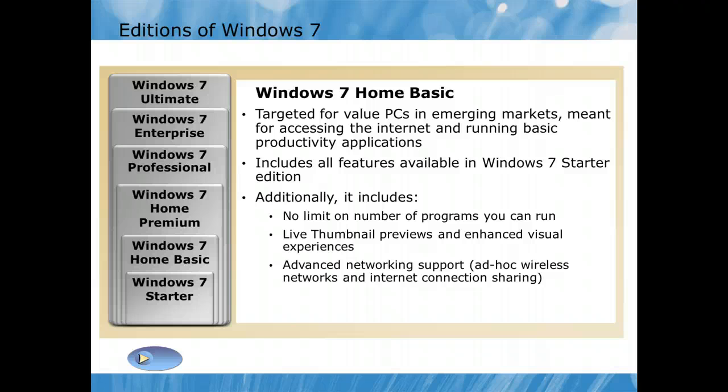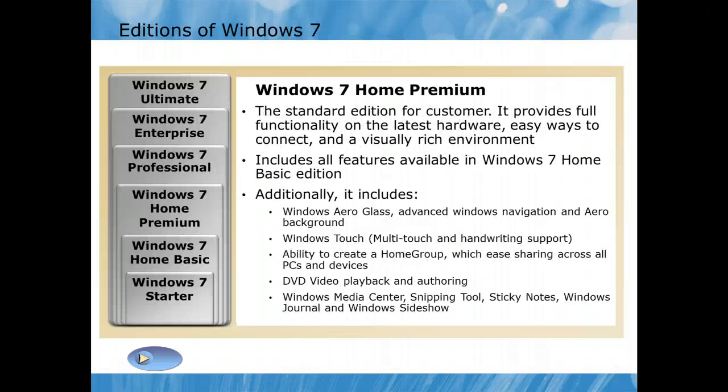Windows 7, no limit on the number of programs you can run, a live thumbnail, advanced networking support, and you can see that we're kind of, I think, stretching to have things that go in here. Windows Home Premium, standard edition for customers. Most of the stuff you're going to go to Best Buy or Walmart or whatever else is going to have Home Premium on it.